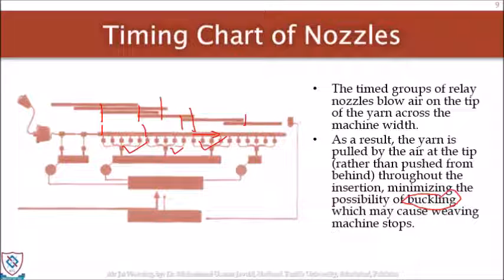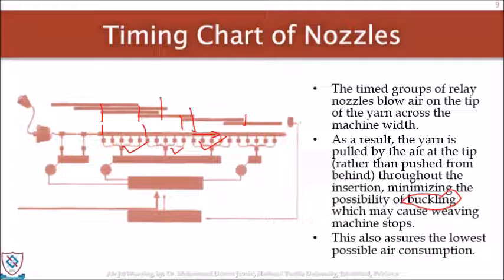In this way we can prevent very high use of air pressure, and this helps us optimize the use of the pressurized air. And there is no folding of the yarn also.